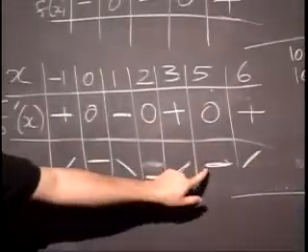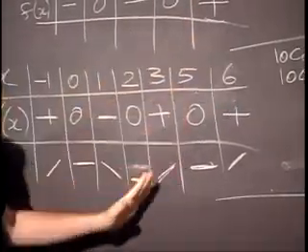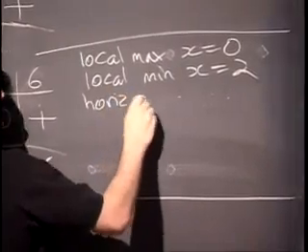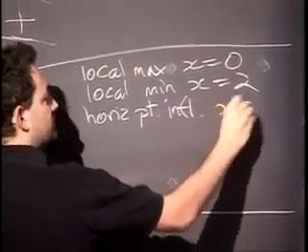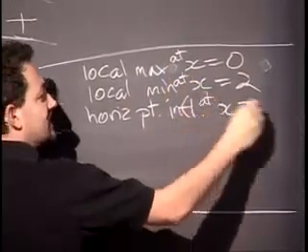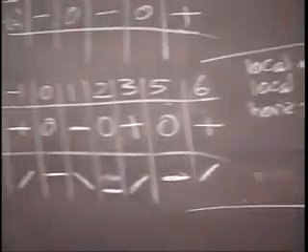How about at x equals 5? Well, it's going up, and then it's 0, and then up again. So it's a horizontal point of inflection. Horizontal point of inflection. I should write "at" in each case. At x equals 5.